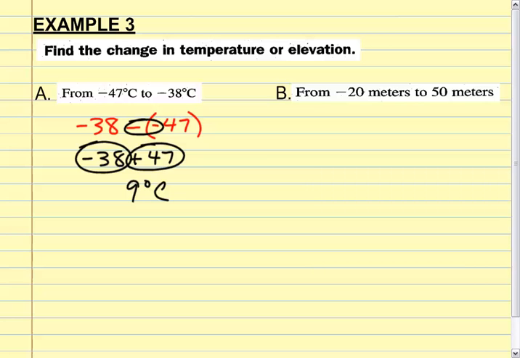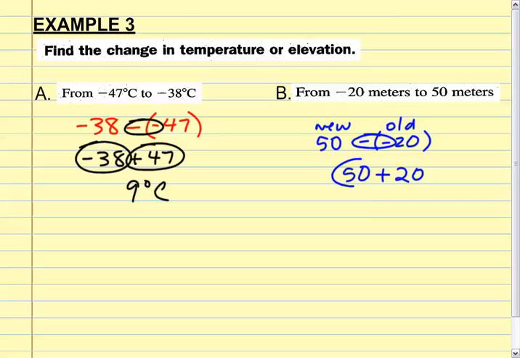Now let's look at B here. In B, it says find the change from negative 20 meters to positive 50 meters. So I'm going to put the new first, which is 50, because that's what I went to, minus the old, which was negative 20. Now, those two negative signs, we know we change those to positive.